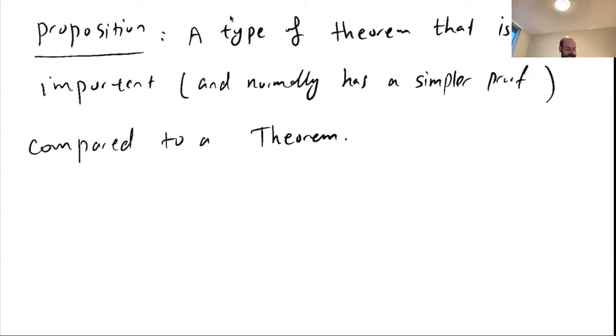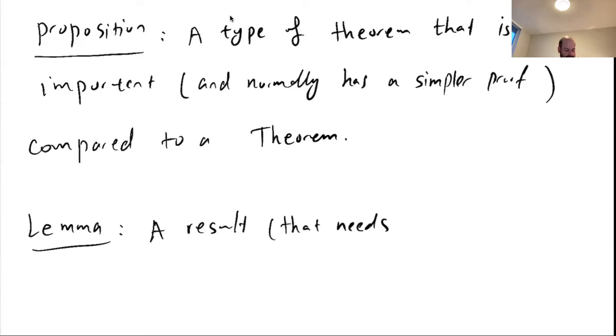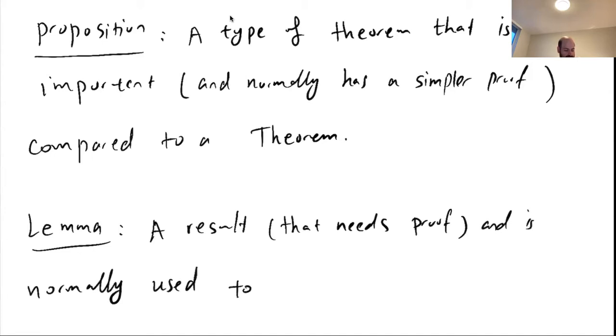So we also have another term called lemma. This is a result that also needs proof, and is normally used to prove a theorem.